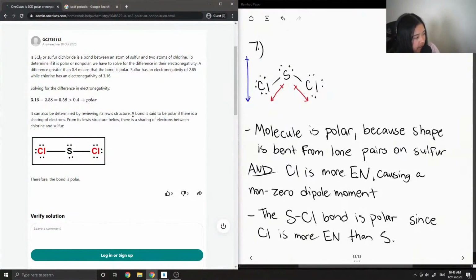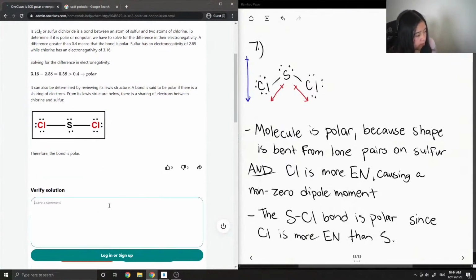So this sentence isn't necessarily correct because you can have a sharing of electrons and the bond can also be nonpolar. So an example is like carbon and hydrogen. So they still share electrons, but the carbon-hydrogen bond is nonpolar.